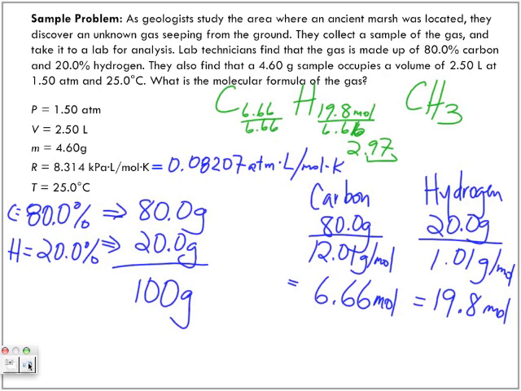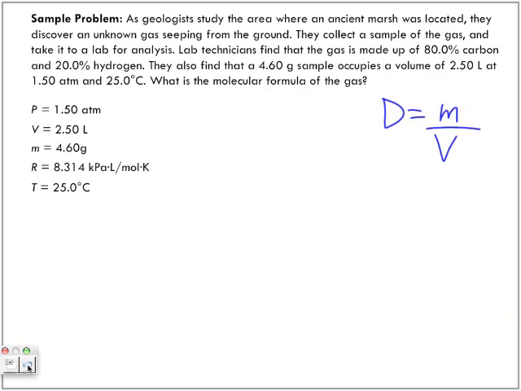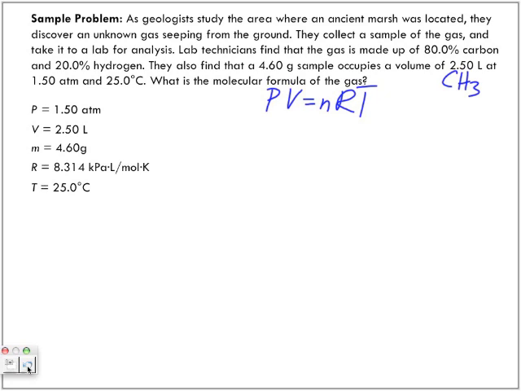Okay, so let's get rid of all this. I'll put back my R value in my equation. So remember, PV equals nRT. Actually, let's just put the empirical formula here off to the side.